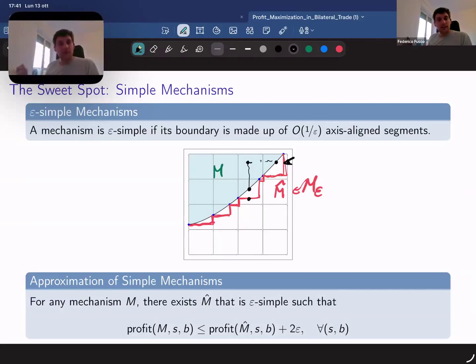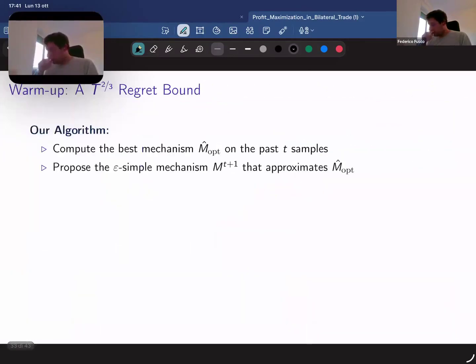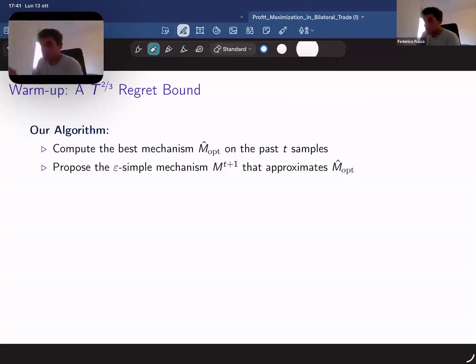So now this is the class of mechanisms that we want to learn. Let's start with a warm-up. The algorithm is as follows. You are at time t, you have observed t samples, and you can compute the best mechanism on these samples.